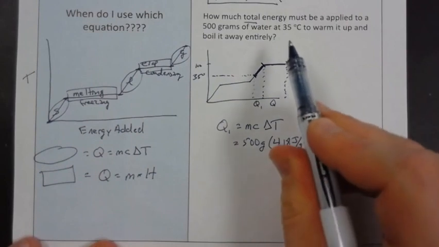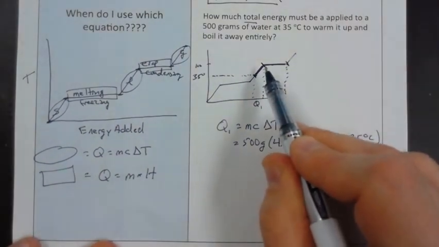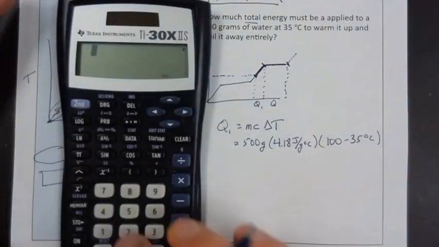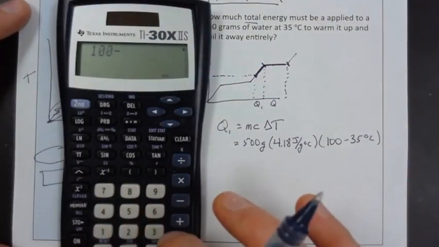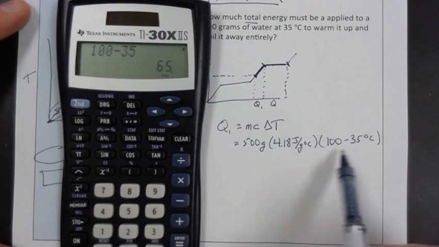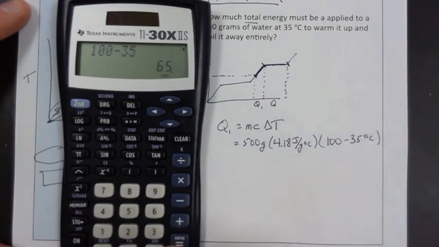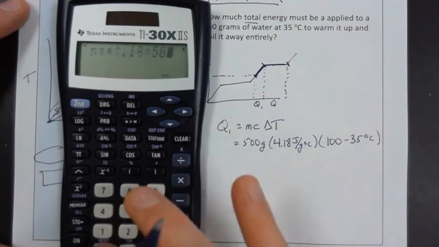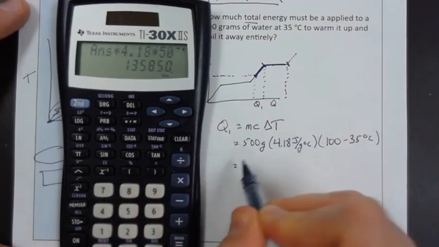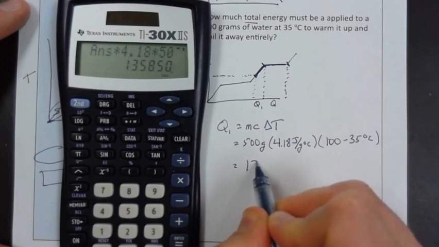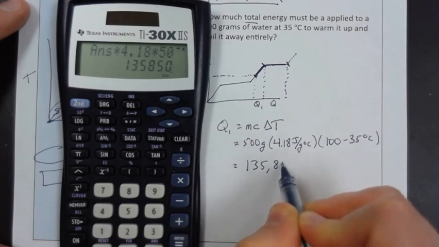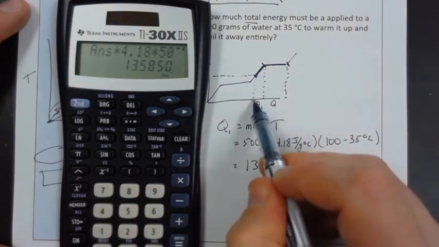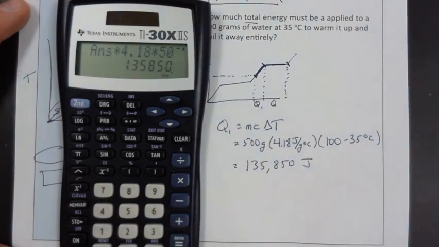Because we're starting at 35 and we have to warm it up to the boiling temperature before it boils away entirely. Delta T now is 65 degrees, times 4.18 times 500 gives us a Q value equal to 135,850 joules. Now that's just to go from here to here along the x-axis.